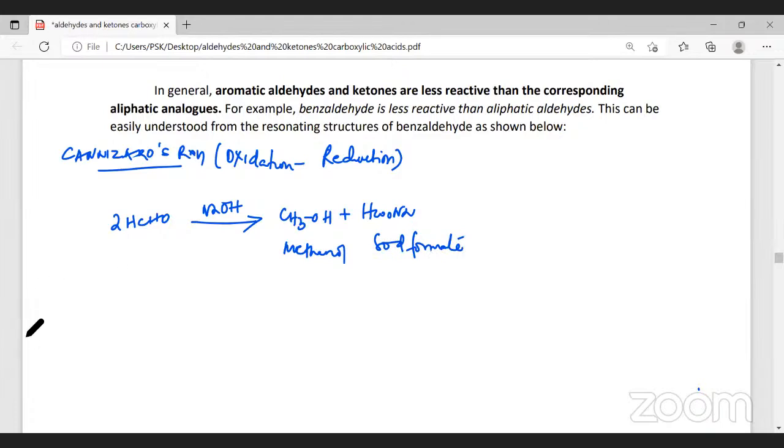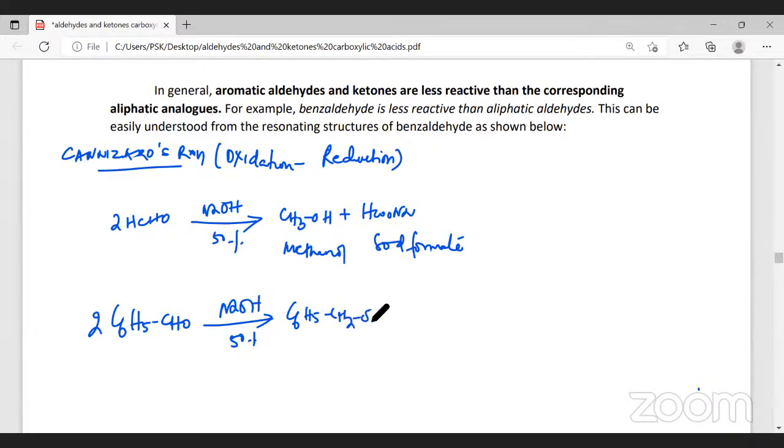Likewise, if we take benzaldehyde, C6H5CHO, 2 moles of benzaldehyde, when shaken with 50% sodium hydroxide or concentrated sodium hydroxide, you get benzyl alcohol and sodium benzoate.